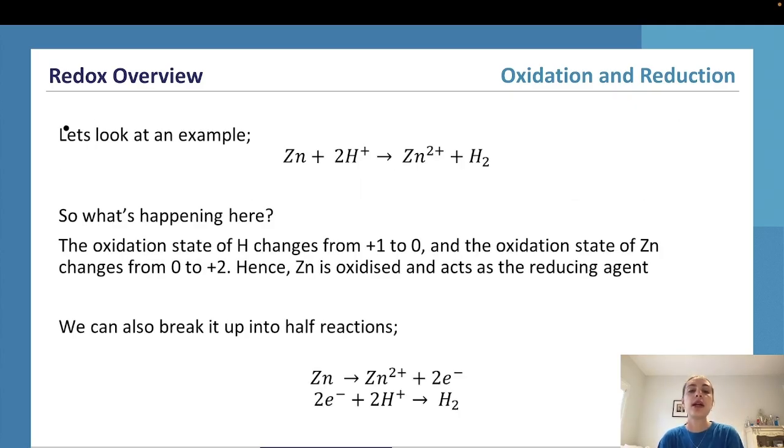So we can look at an example, and this example here uses zinc and hydrogen ions, and it shows us a transference of electrons, and it's also balanced to show how the ratios work, such that you can have something with different charges create the same charge.